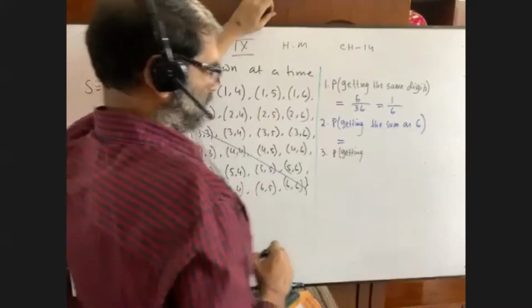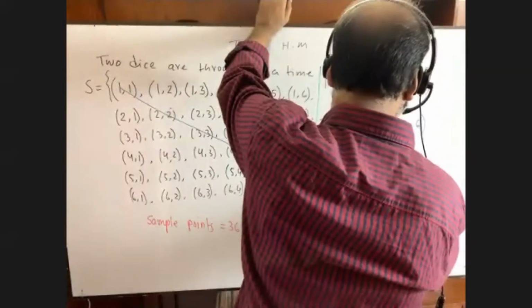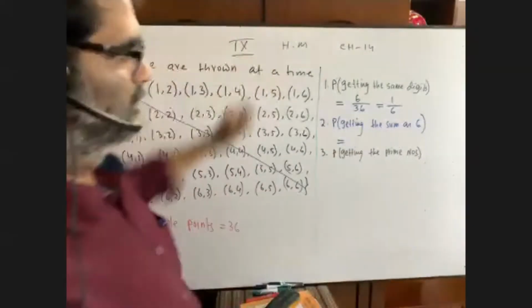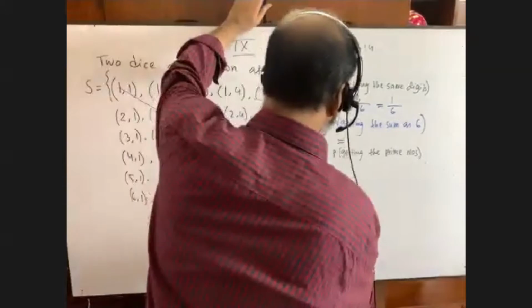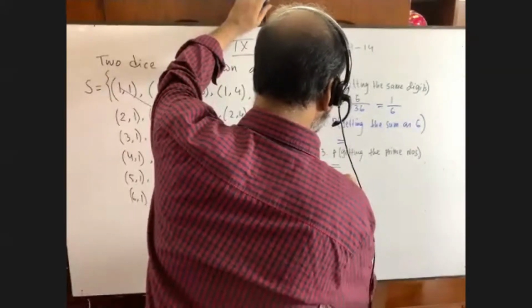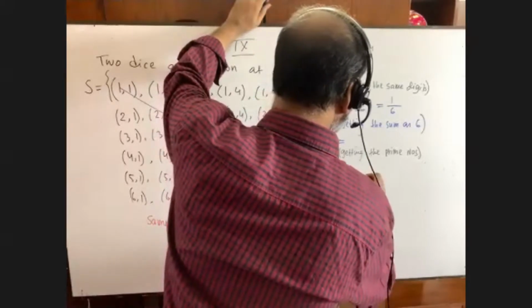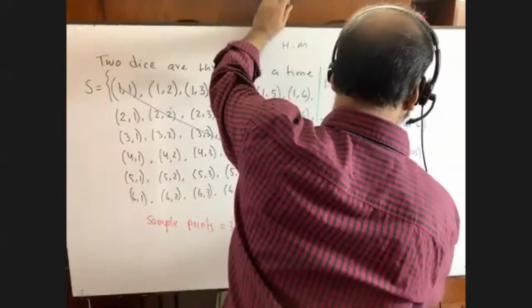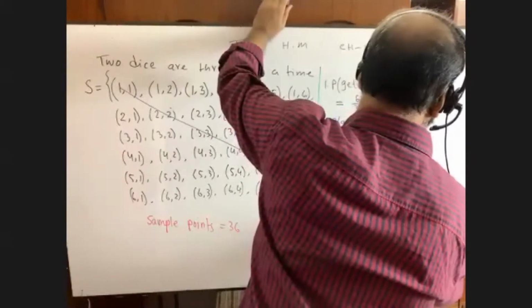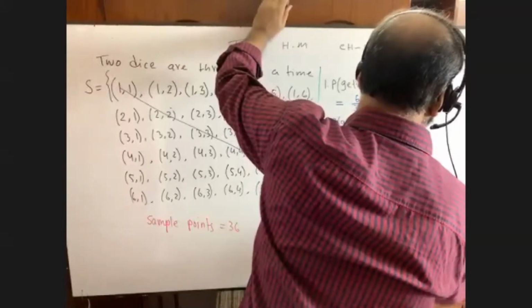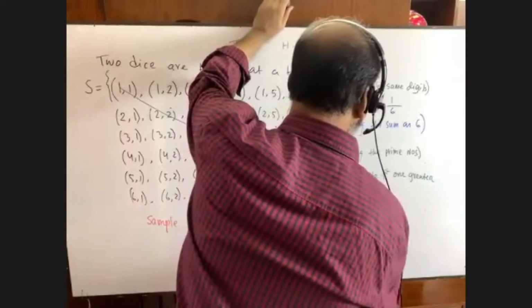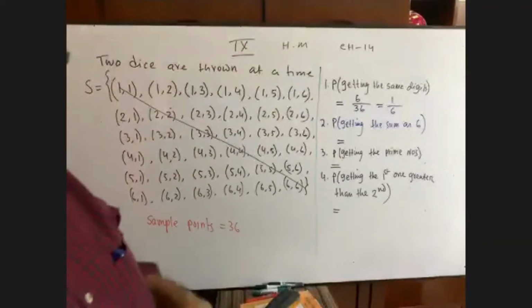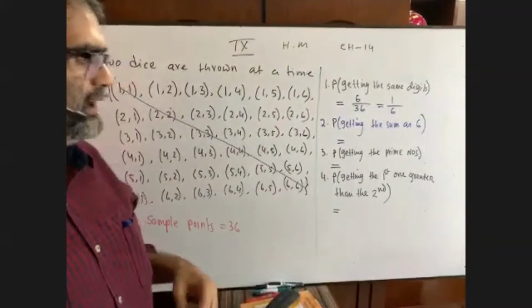Getting prime numbers. You please do all these three maths. Getting the first one greater than the second one.